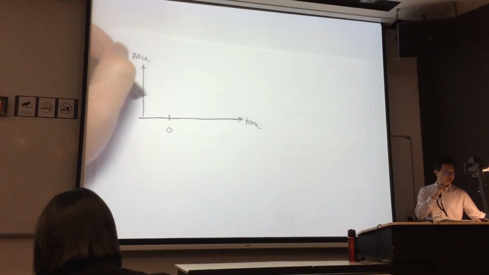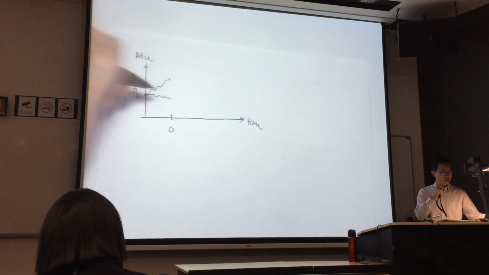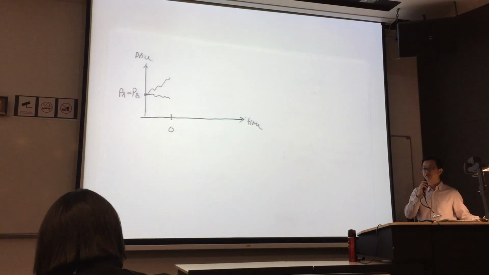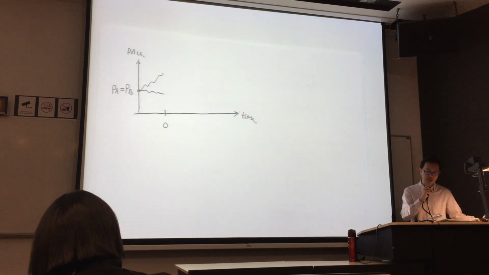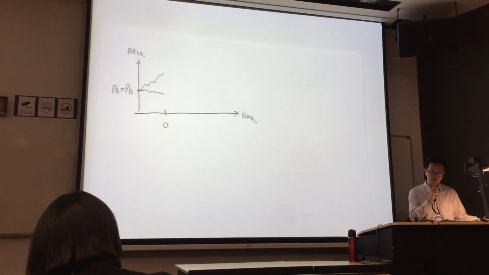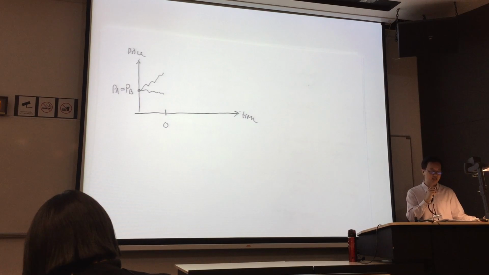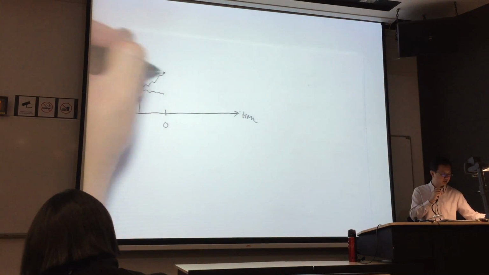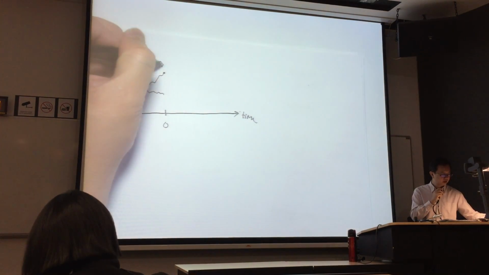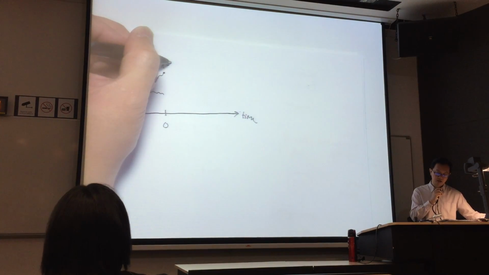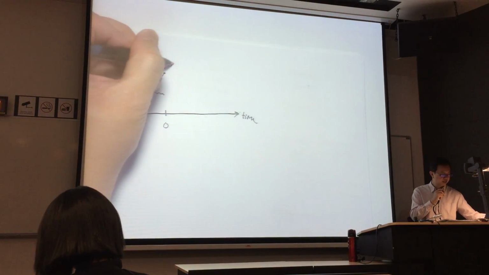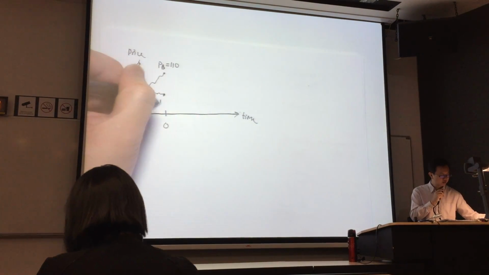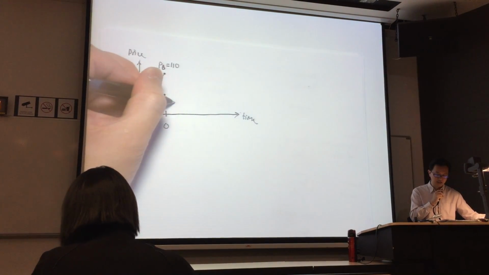You notice that the price of A and the price of B have deviated from each other. So here we say that the price of A is 80, while the price of B is 110. So this is PA, PB. This price of B is 110, and this is the price of A at 80.